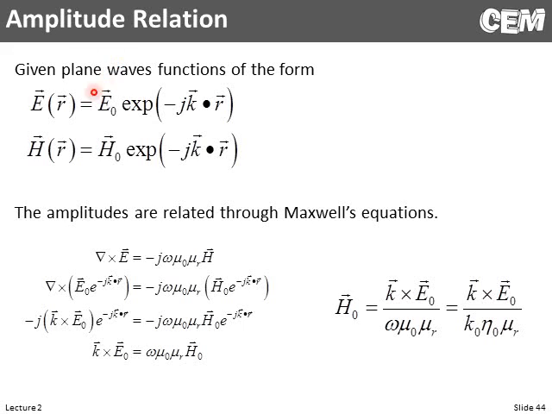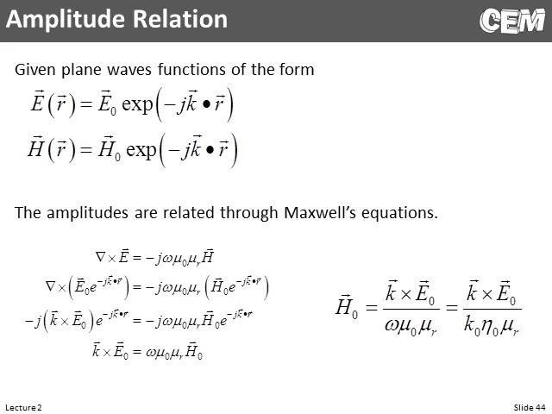So given this electric field, this is how we would calculate the polarization of the magnetic field. K is the direction of the wave cross-producted with the amplitude of the electric field divided by a constant. And we can also write it this way if we do a little bit of math on it. So the way to think about it, K is the direction of the wave, E is going to be perpendicular to that, and then H is going to be perpendicular to that again.